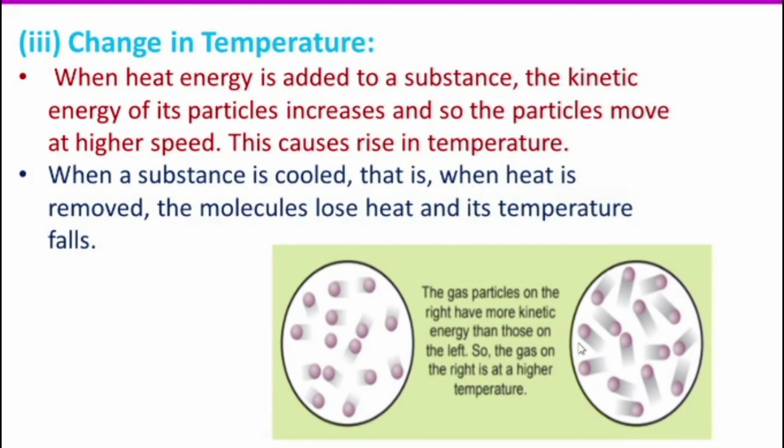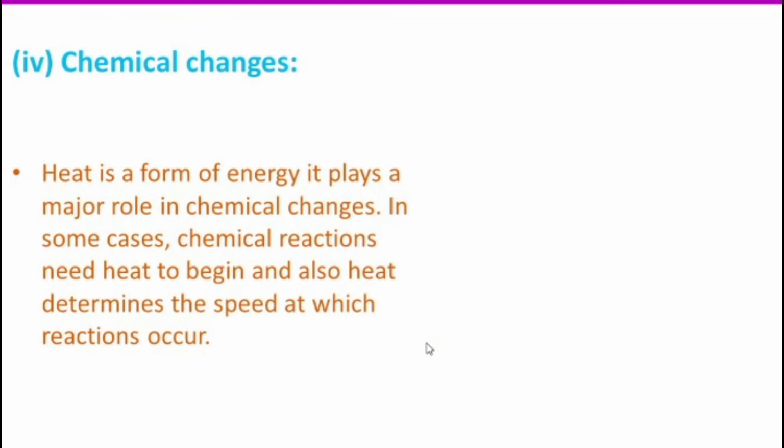When a substance is cooled, that is, when heat is removed, the molecules lose heat and its temperature falls. Then the fourth one, chemical changes. Heat is a form of energy. It plays a major role in chemical changes.